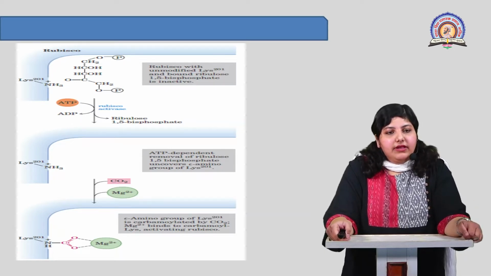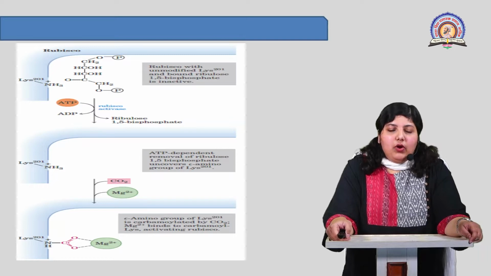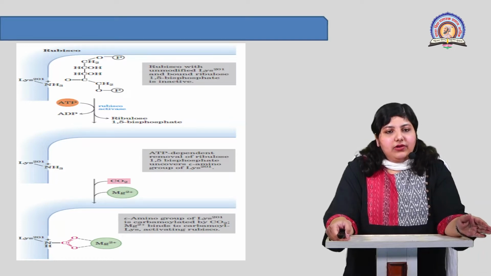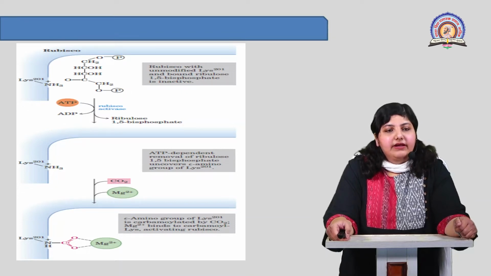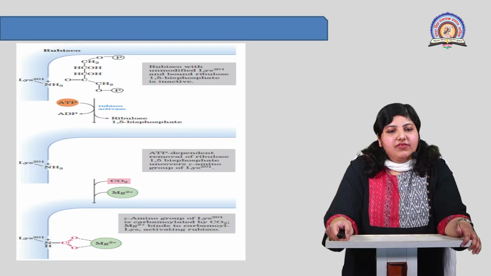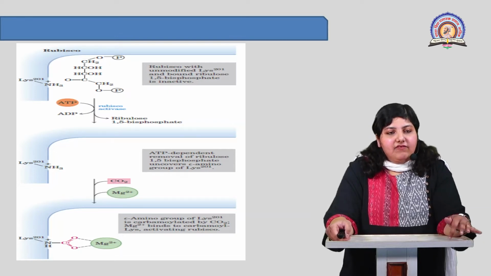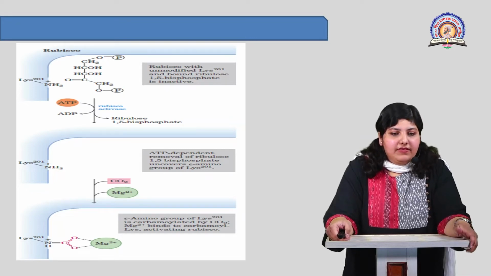So how is this inhibition overcome? By another enzyme, that is Rubisco activase. What it does is release that ribulose 1,5-bisphosphate with the help of ATP. It is an ATP dependent release. And when this ribulose 1,5-bisphosphate is released from the active site of the enzyme, a molecule of carbon dioxide comes and binds on the amino group of lysine.